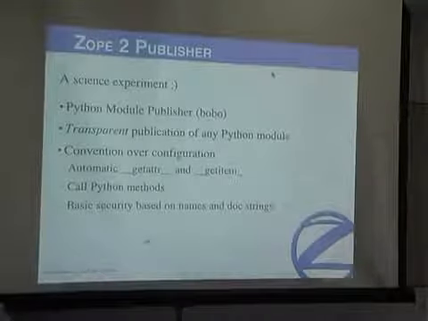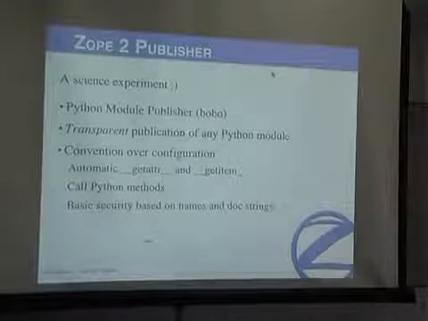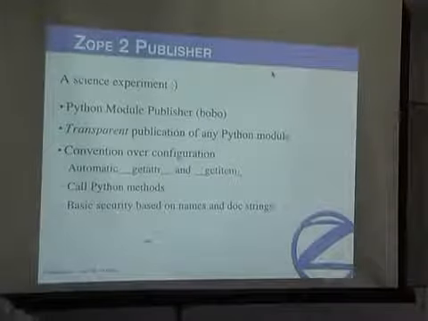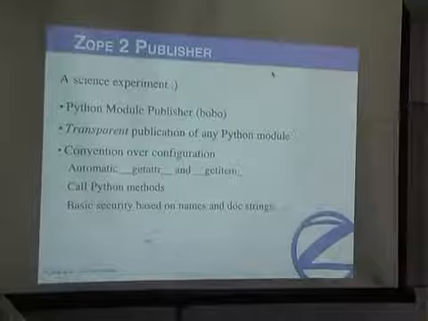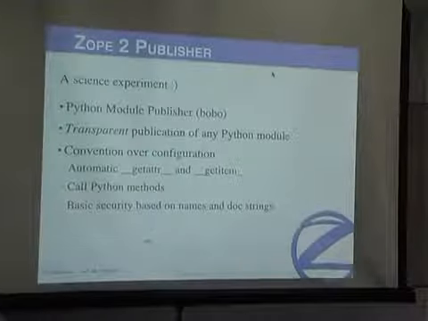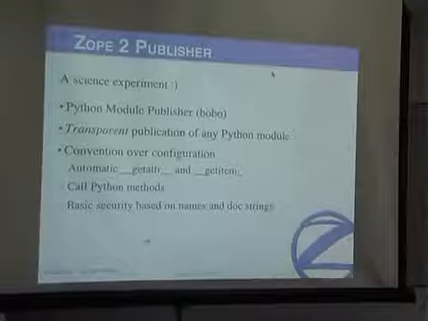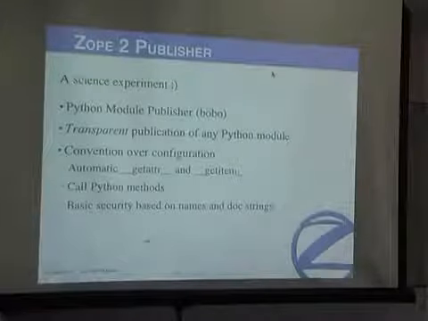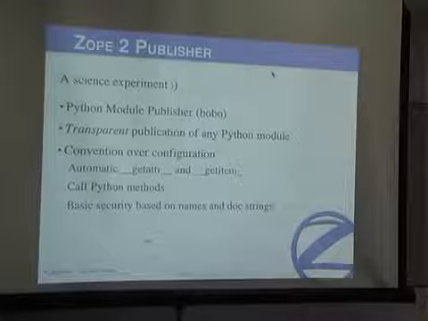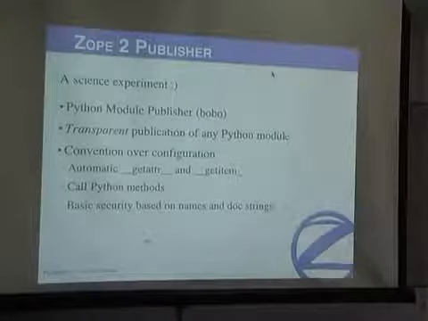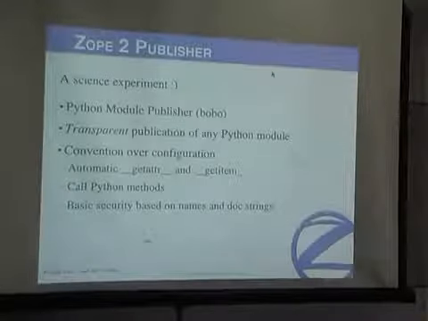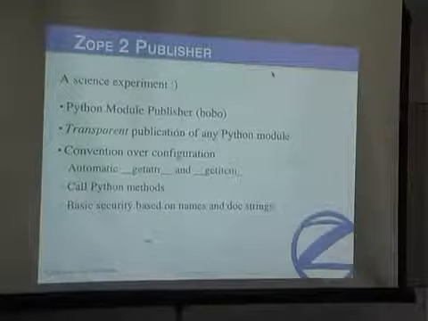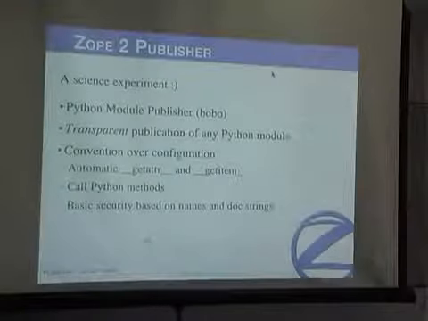Basically, the idea was it treated the web as a collection of objects, and you could associate an object with the URL. If you had an application on the web, the URL path was mapped onto an object access, and as you traversed the URL, you would get attributes of objects, or get items in dictionaries or mapping objects. Once you found an object, Bobo would figure out how to call the object.